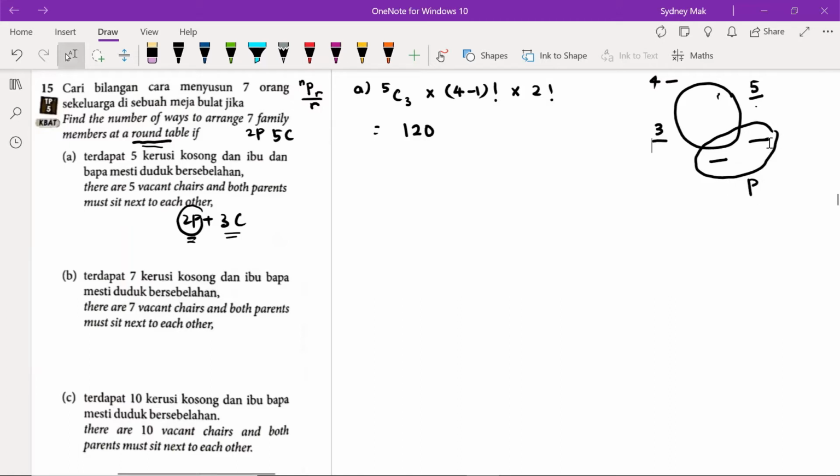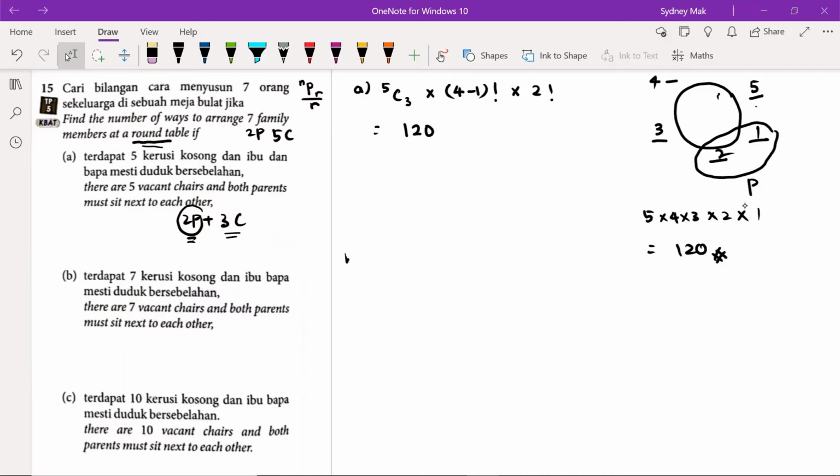And because these parents can change their positions among themselves, internally we will have 2 factorial and 1 factorial. So all in all, the number of arrangements will be 5 times 4 times 3 times 2 times 1. This is based on the illustration by fill in the slot. So 4 times 3 is 12, 12 times 5 and 2, which is 10, that is 120.